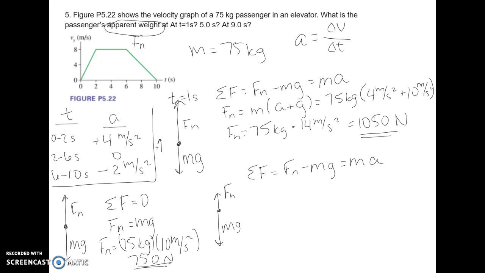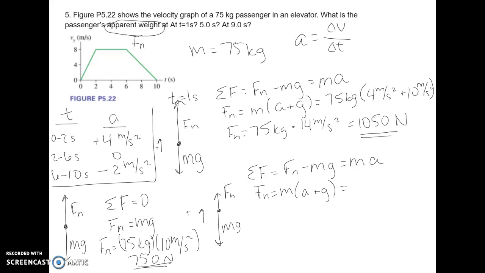So same formula as before, but now our acceleration is negative. Here I'm calling upwards positive still, so my acceleration is negative. Generally speaking, I don't like calling my direction positive, not the direction of acceleration, but we're going to go with this problem. So I still end up having the same formula as above.